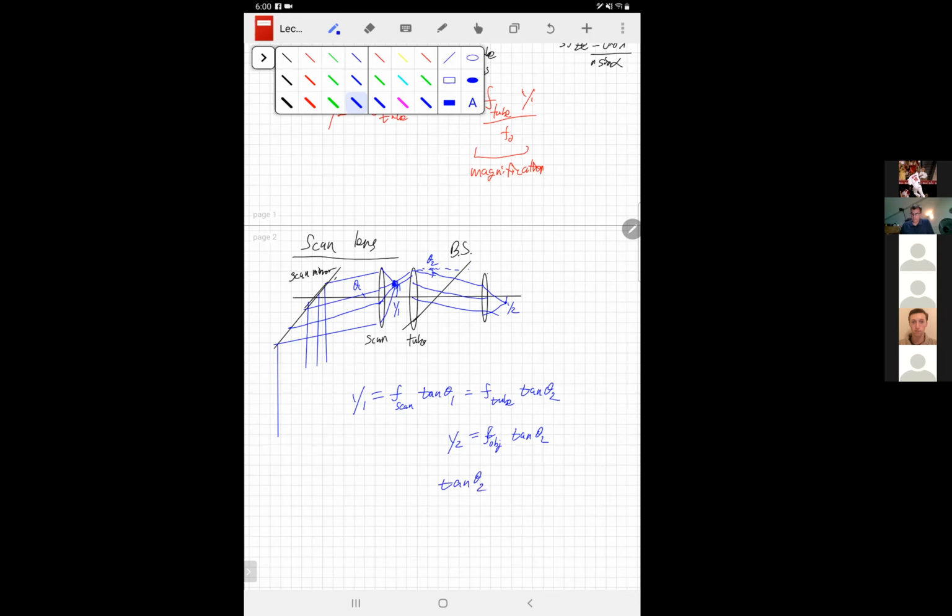So tan theta 2 is equal to Y2 over F objective.